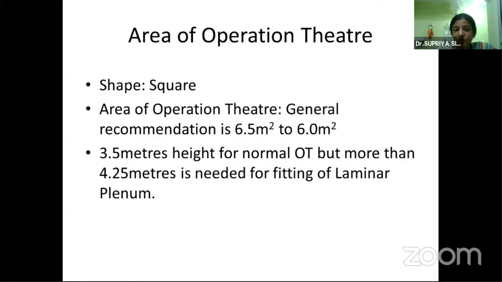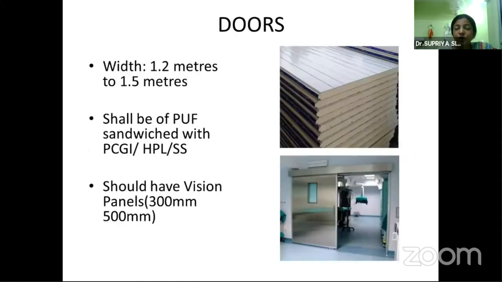Ideally, the operation theatre should be square in shape and should have an area of 6 to 6.5 meters square. 3.5 meters of height is sufficient for a normal OT, but a height of more than 4.25 meters is needed for convenience of setting up laminar flow. Doors should be at least 1.2 to 1.5 meters wide for easy patient movement. Better to have doors of PUF sandwiched with stainless steel or HPL material.